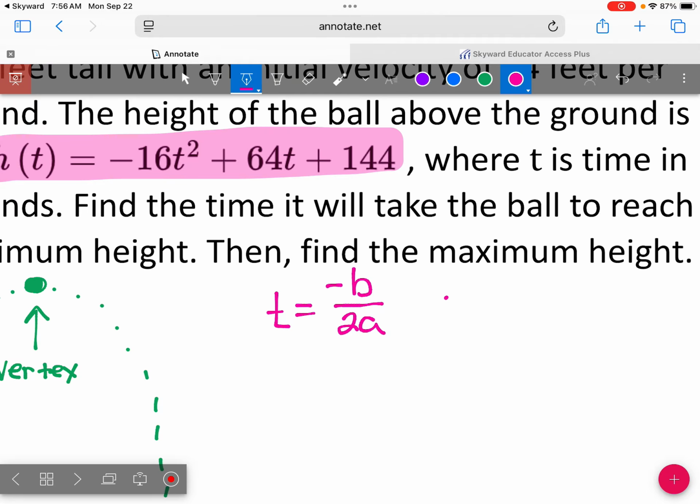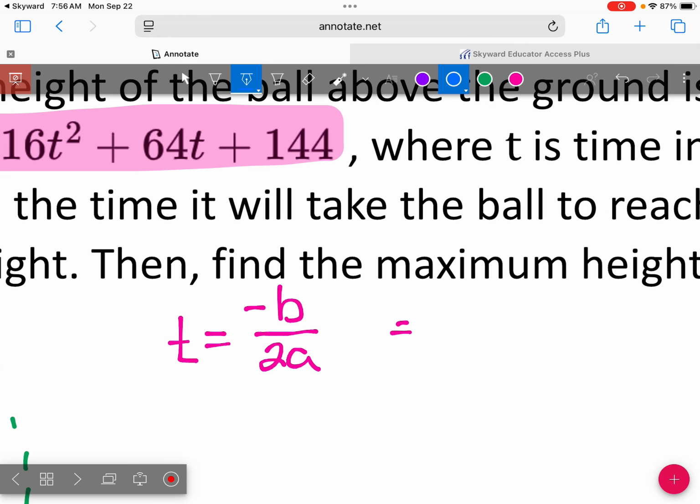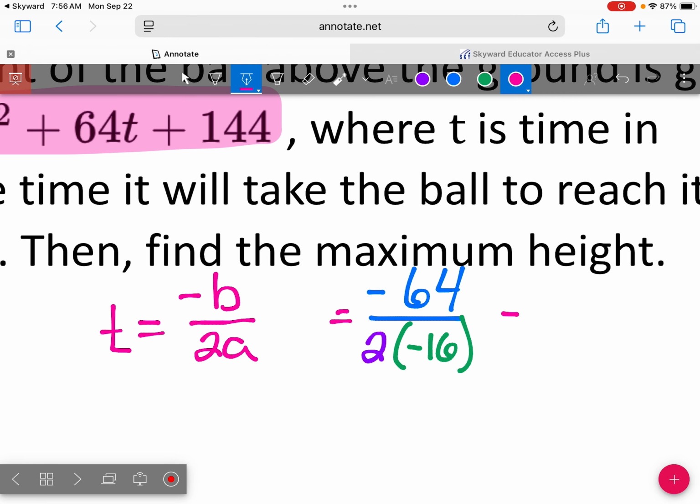What is the b value here? Negative 64 over 2 times our a. What is our a? Negative 16. So if our b is negative 64 and our a is negative 16, what is this t value?